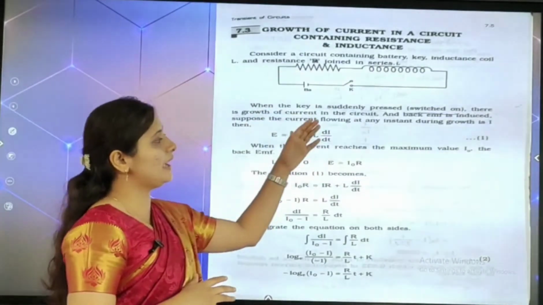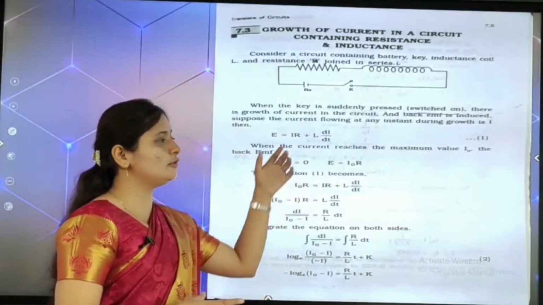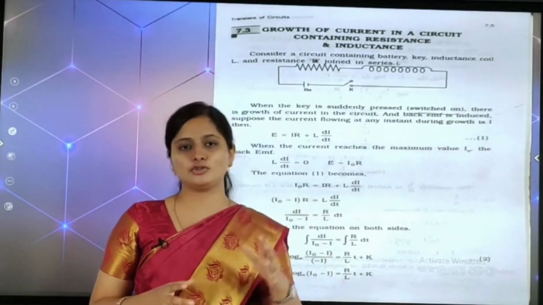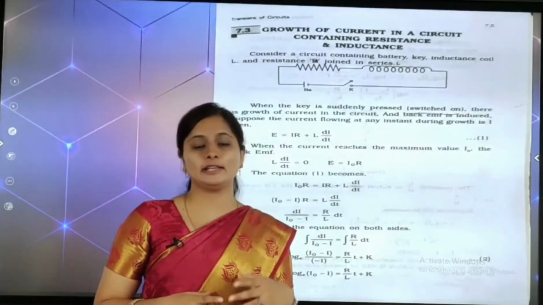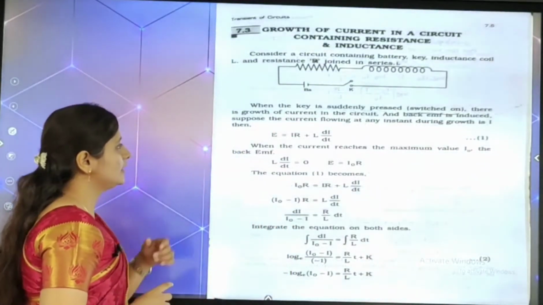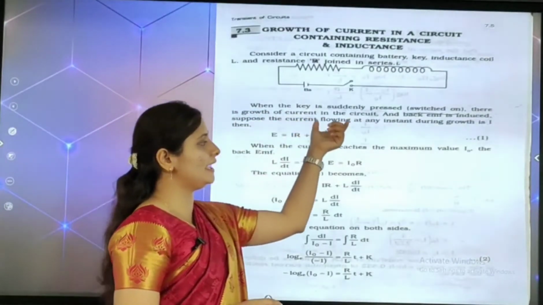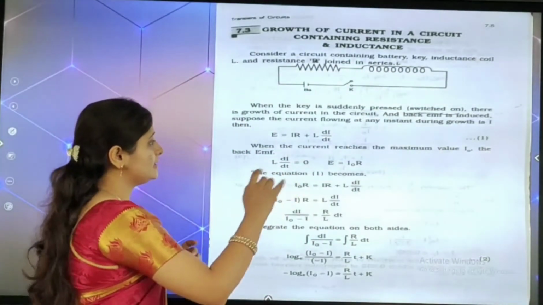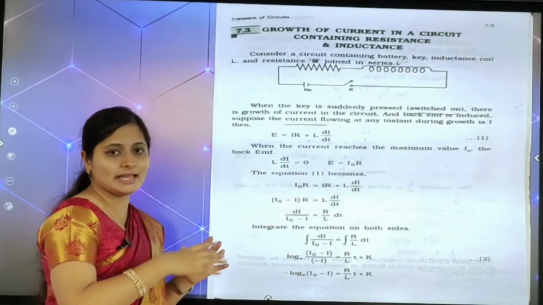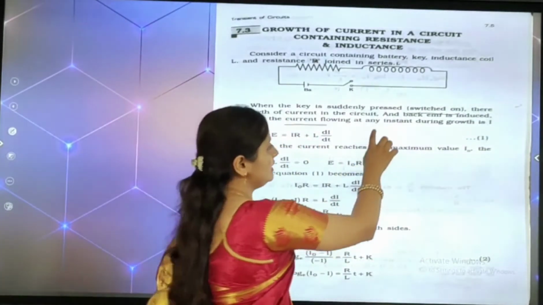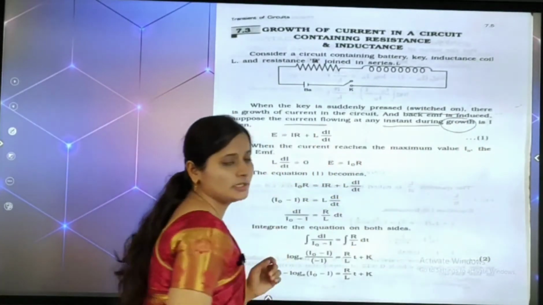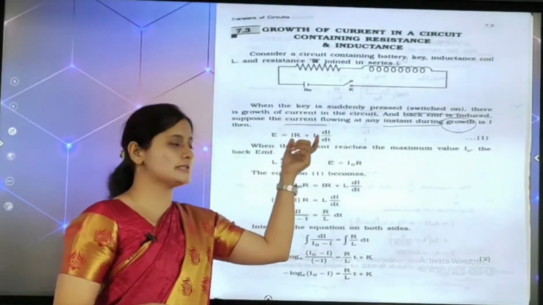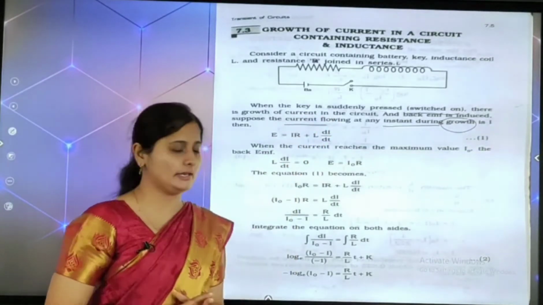Next here, a back EMF is induced, an electromotive force in the reverse direction, that is E equal to L into di by dt. Suppose the current flowing at any instant during the growth is I. Then, whatever the current is flowing in the circuit at any instant during the growth, we can write E is equal to IR plus L into di by dt.